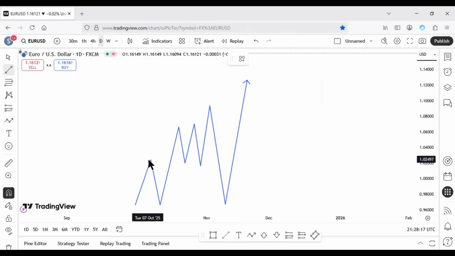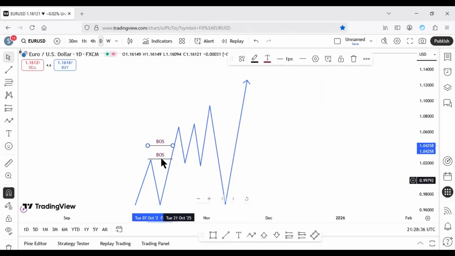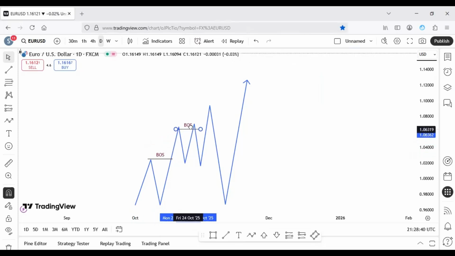And then we have a break of structure that is there. That is the break of structure. Let me clone that. Now, as price is moving, price is supposed to mitigate an origin.